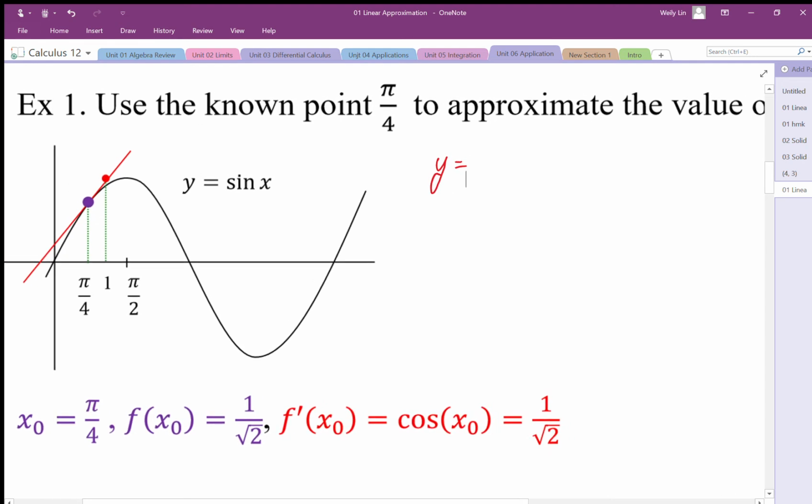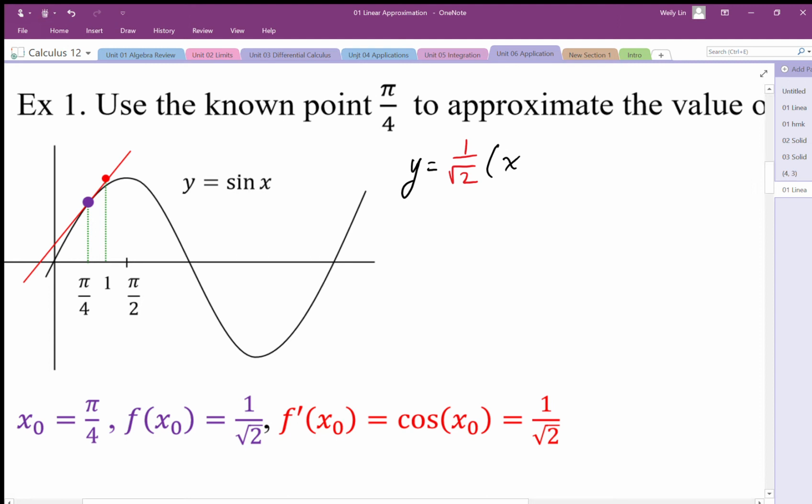Okay, so y equals, well, my slope. Okay, so this is my tangent line equation, which I'll write down. So y equals, my slope was 1 over root 2 that I calculated from my derivative. My known coordinate is this pi over 4. So where's that pi over 4 coming from?